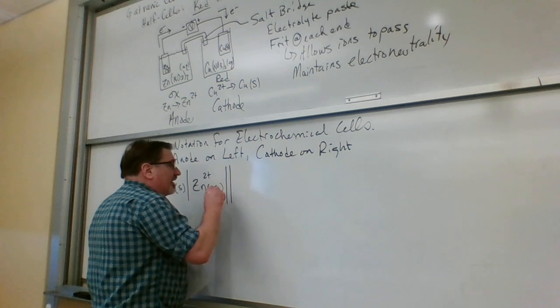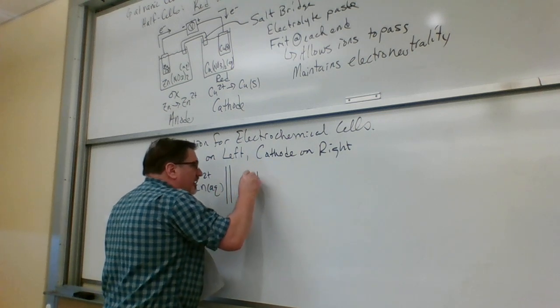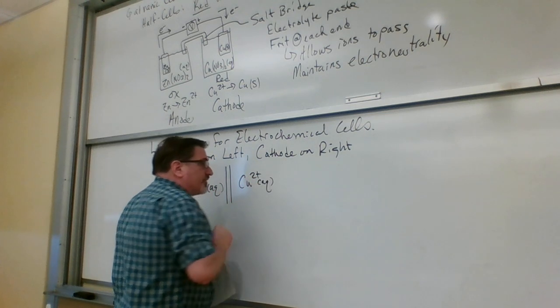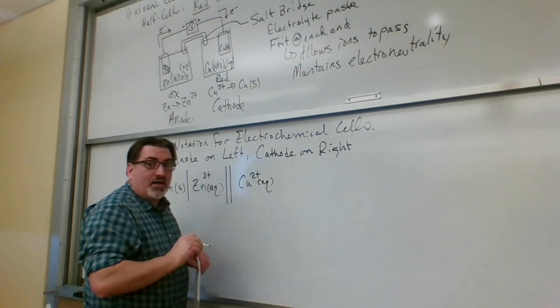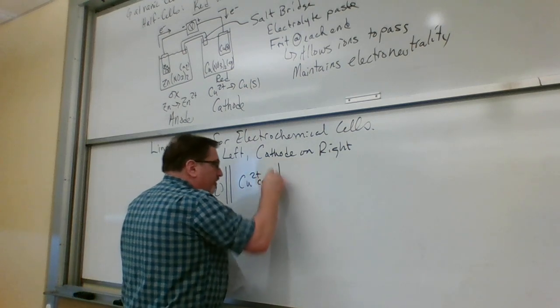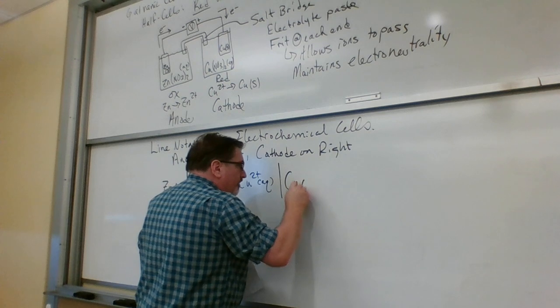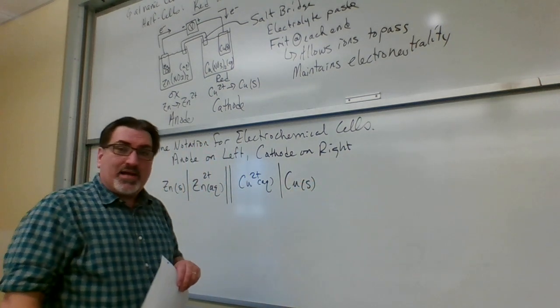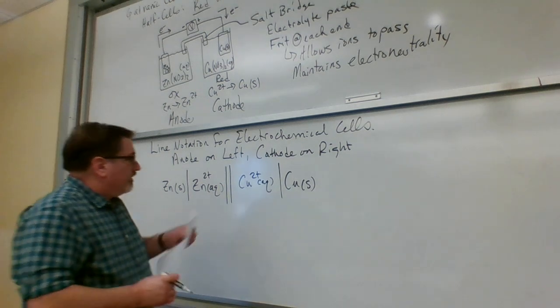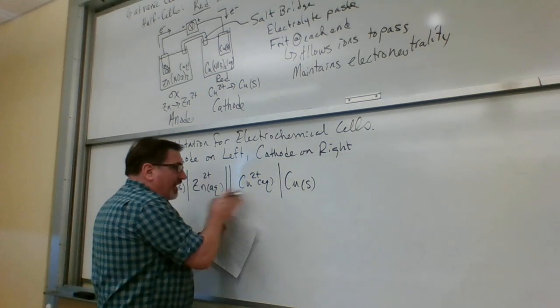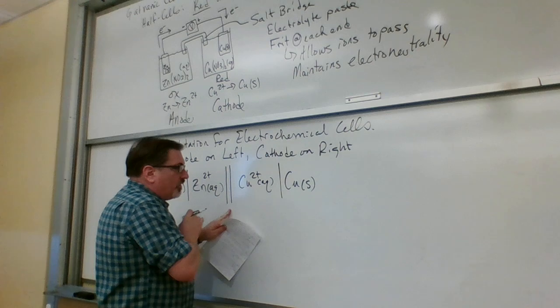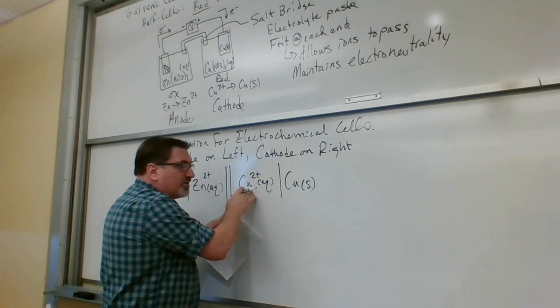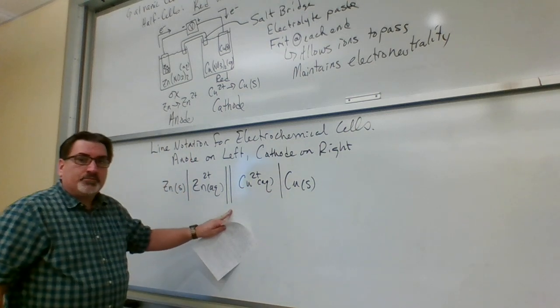And then on this side, Cu2+ is reduced to Cu as a solid. So we put a vertical bar again between the copper 2+ and the copper as a solid. So on the right-hand part, after the salt bridge, we're showing copper 2+ reducing to copper.